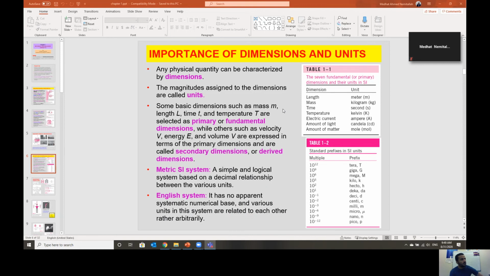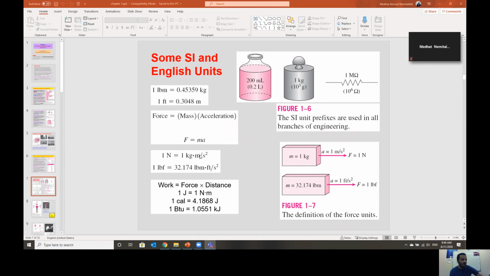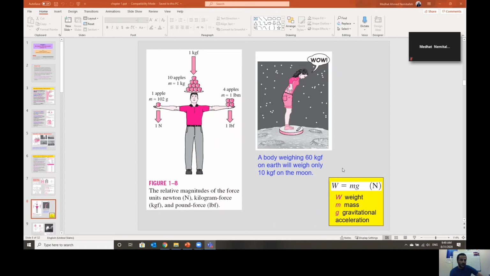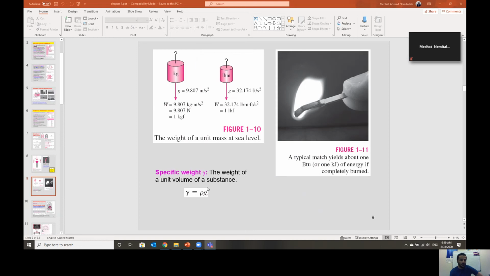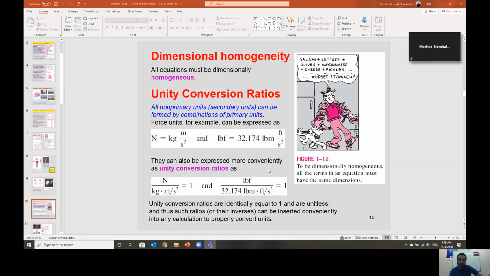We introduced also dimensions and units. Each quantity has its unit, and we have defined some units of different quantities, and we have seen how we can convert from the SI system of units to the English system of units. We defined the property specific weight, which is the weight per unit volume, and we said any specific property in this course will be the property per unit mass, except the specific weight, which is defined as the weight per unit volume.